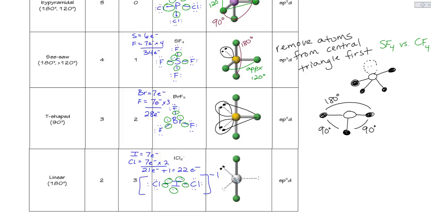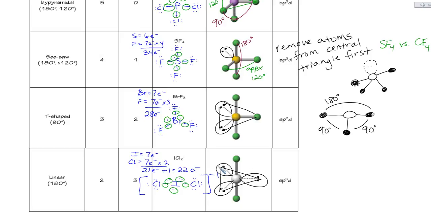So here's a lone pair. This was a lone pair. And there's a lone pair. So everybody's gone from that central triangle. So do you see what you're left with is really just the atom on top and bottom. This is linear. It's true 180-degree bond angles. It's totally linear, no joke.